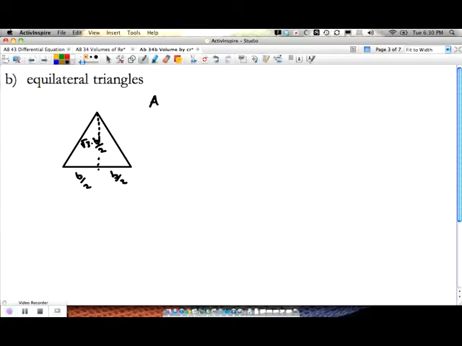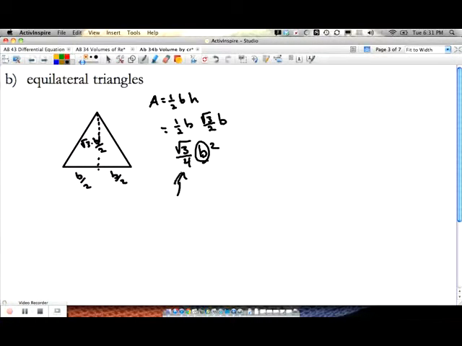And when we put all that together, we had gotten the area equals 1/2 base times height. Well, the base is just b, but the height is radical 3 over 2 times b. So then this came out to be radical 3 over 4 times b squared. But hey, we already know what b is.